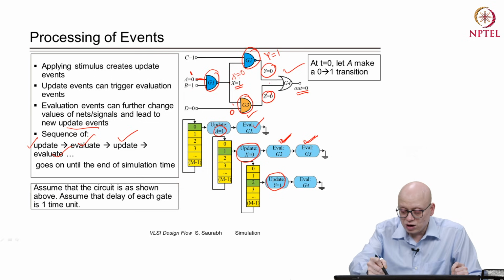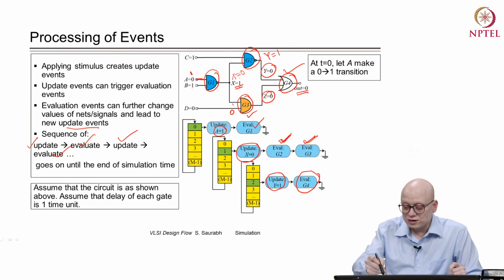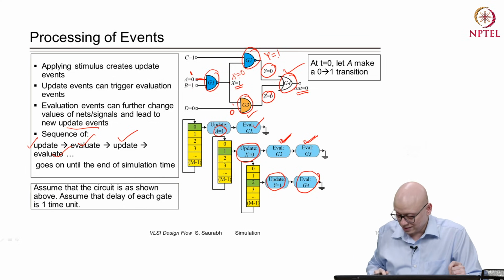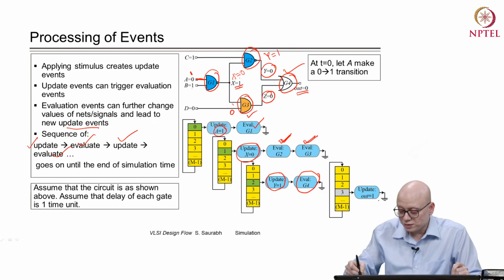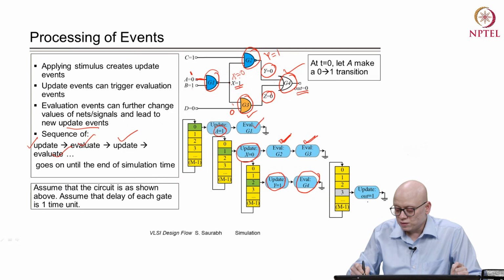So, we have update on y is equal to 1. Now, in the fan out of y, we have G4 and therefore, there will be an evaluation at G4. Once the evaluation is done on G4, because y has become 1, the out will become 1 instead of 0. So, there will be an update of out to 1.